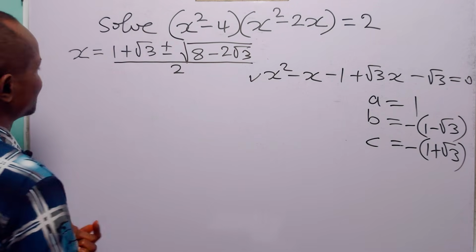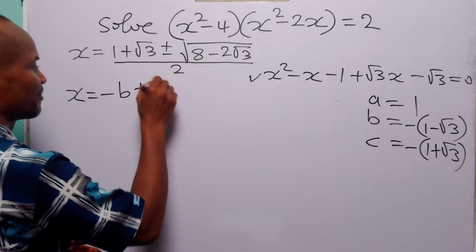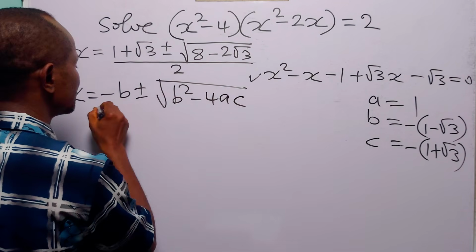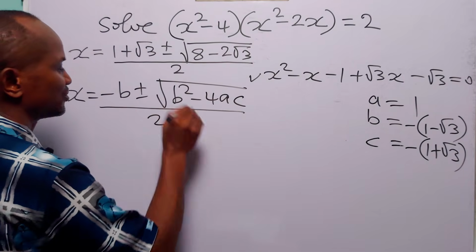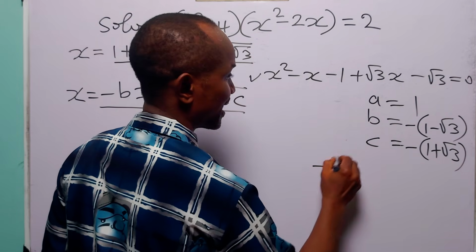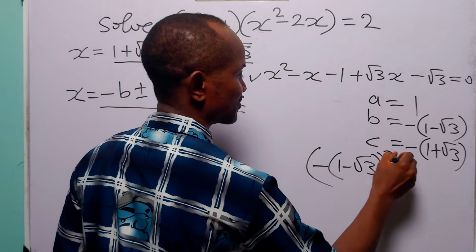Once more, we have the quadratic formula. X is equal to minus b plus or minus the square root of b squared minus 4ac, divided by 2a. Let us find b squared. We have minus 1 minus root 3 squared.